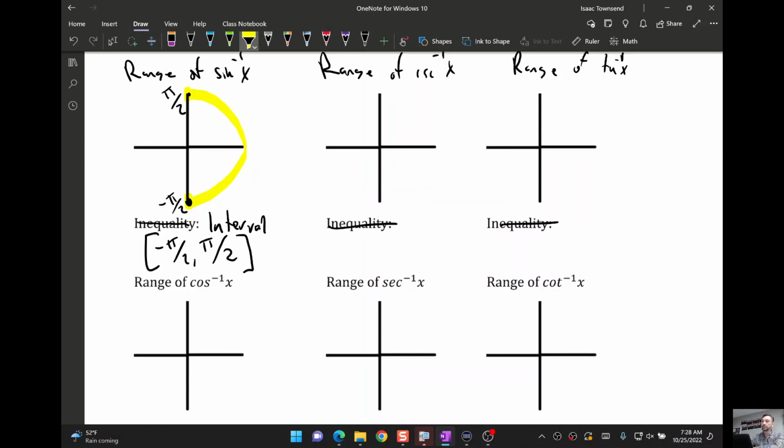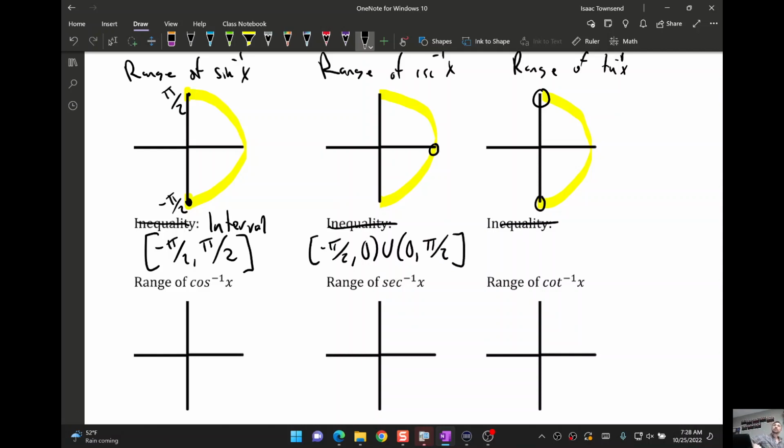Well, luckily these two are almost the same thing. The difference with inverse cosecant is that it can exist in the middle, and inverse tangent can exist at the ends. So this one we would say negative pi over 2 to 0. Don't include 0, but then 0 to pi over 2.